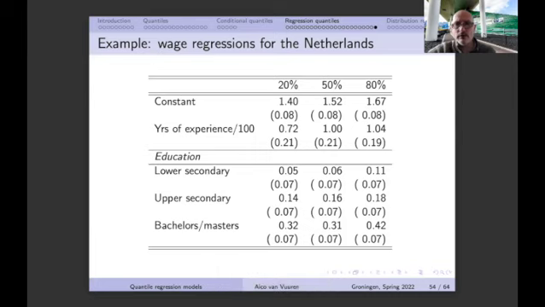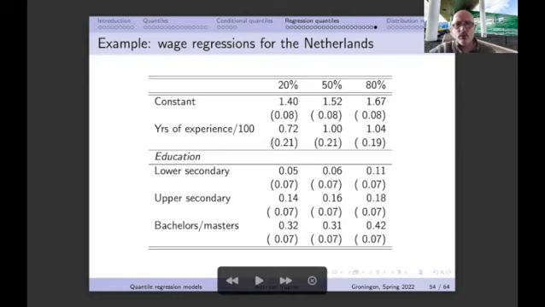That is not that strange, because the conditional quantiles have to increase along the distribution, and since the constant determines to a large extent the conditional quantiles, that's also the reason why this is increasing over the distribution.